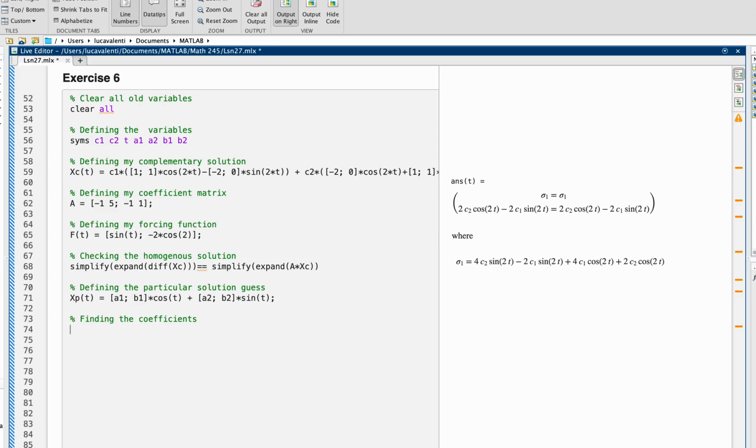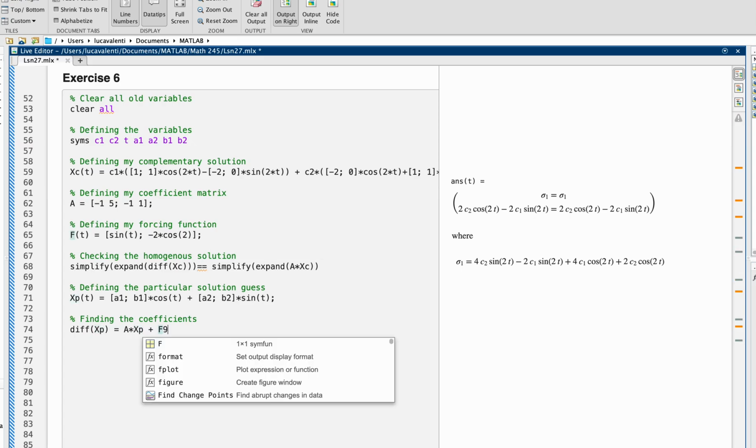To do that, we need to input x of p back into this expression. However, now we need to add the forcing function. So we have A times xp plus f of t.